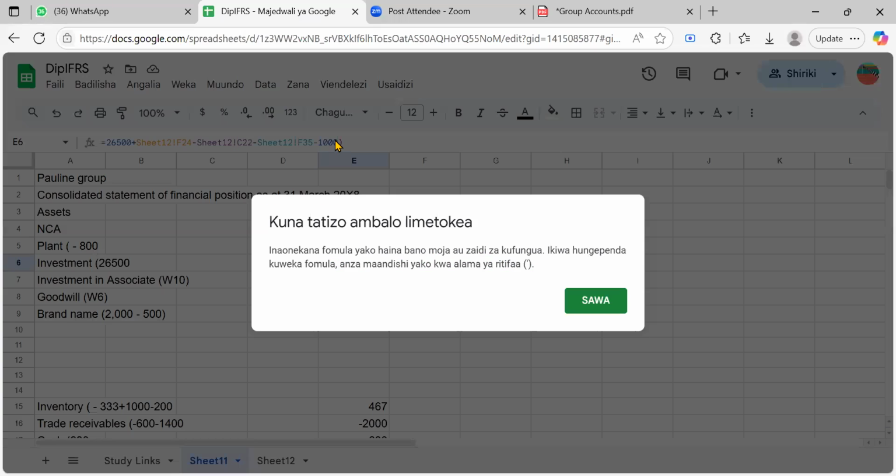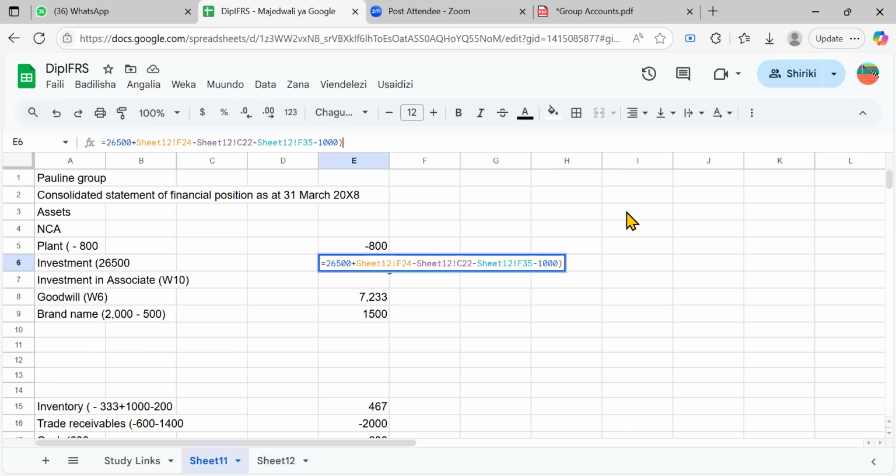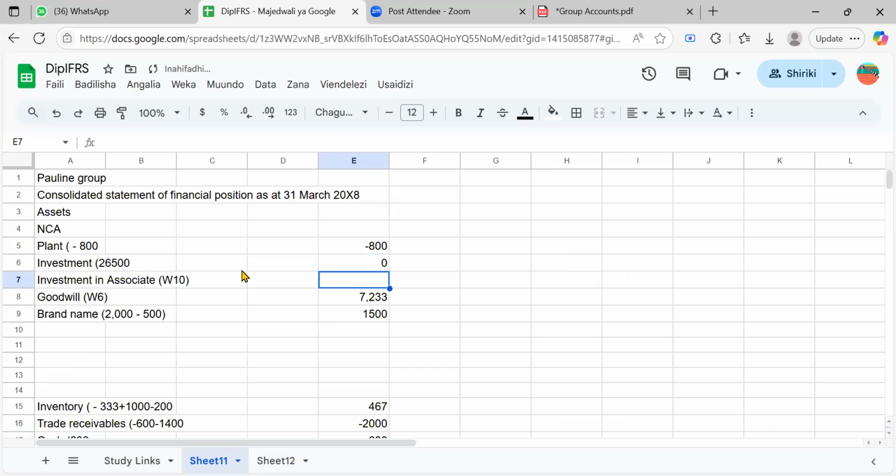Wait, what is happening? Okay, I did it wrong. Like you can see, initially we had this 6, and then we added 18,000, which was the share, with the shares.